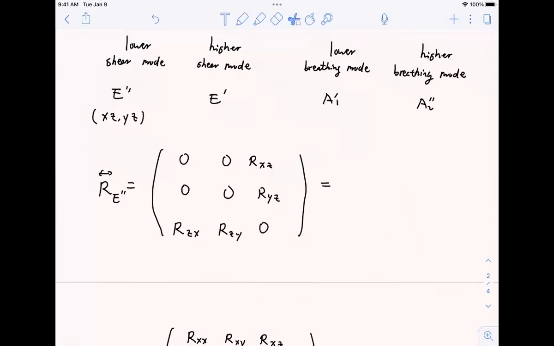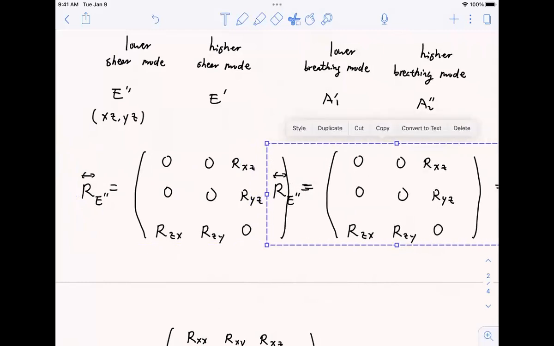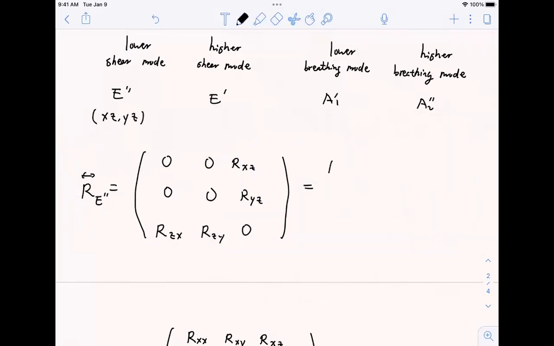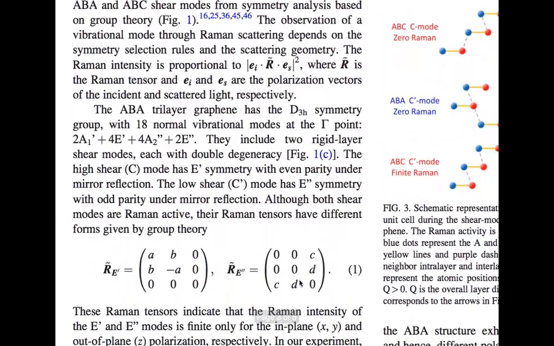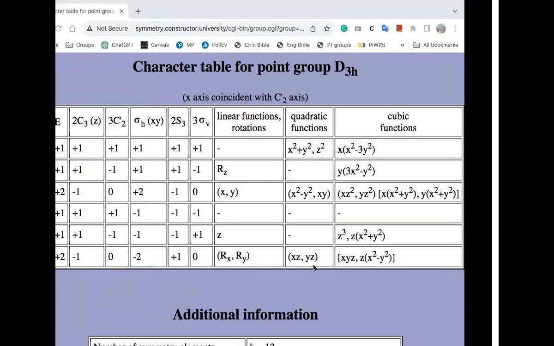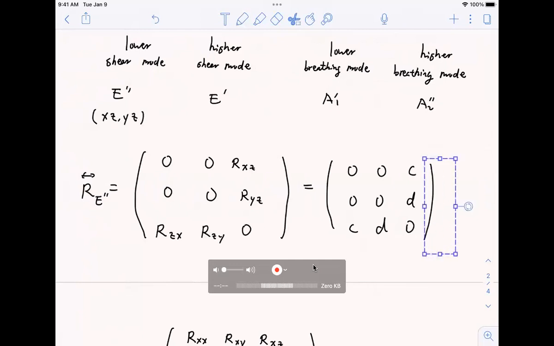These are just two independent elements, and for convenience people usually just use C and D to represent them. So C and D are just constants.